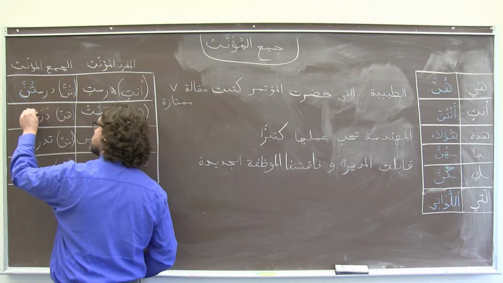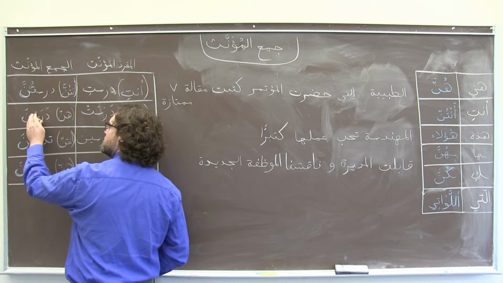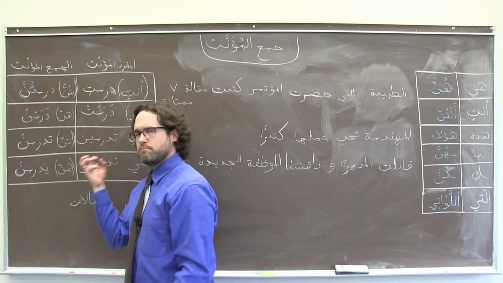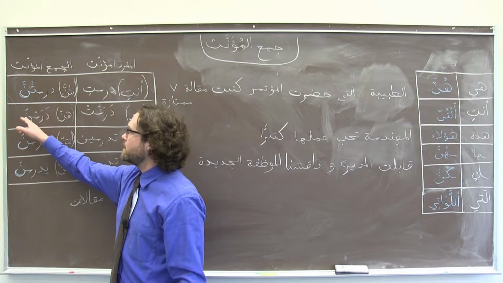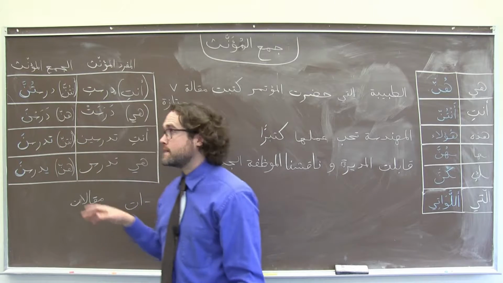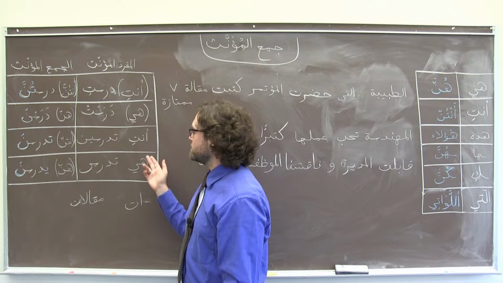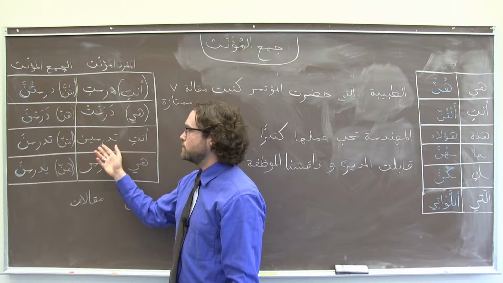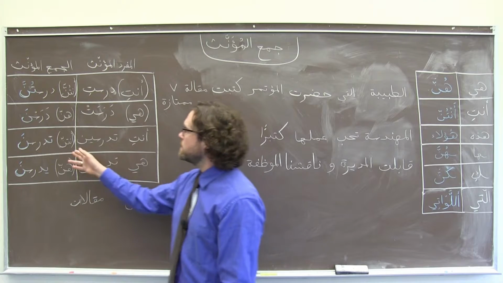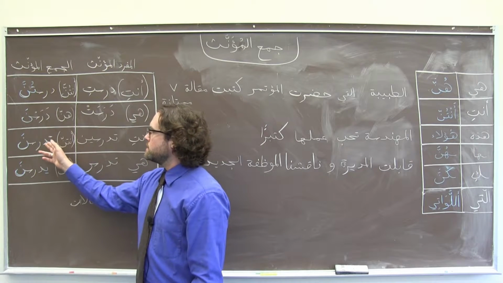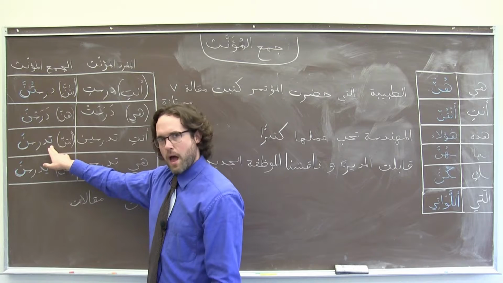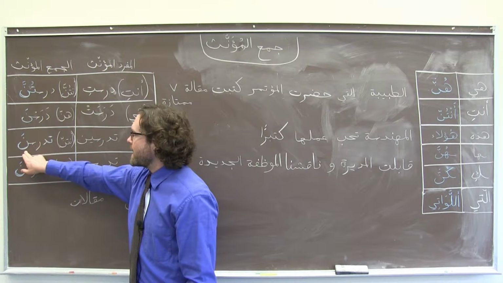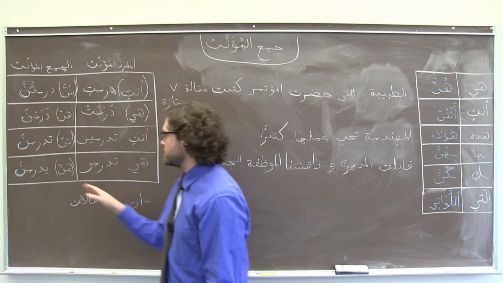Notice that the final letter of the root takes a sukun, and then we just add a noon with a fatha on it, darasna. In the present tense, enti tadrusina, you, feminine singular, study, and entunna tadrusna. So we keep the ta, but instead we add the noon with the fatha on it.